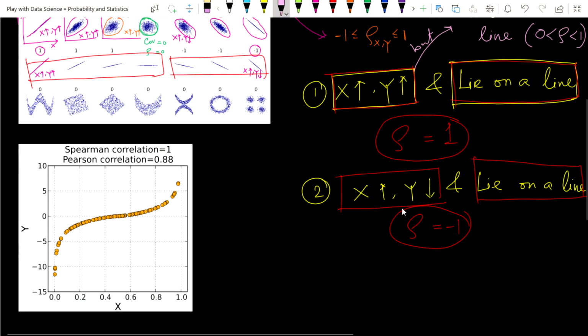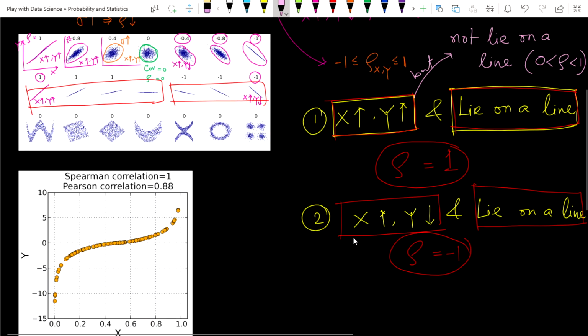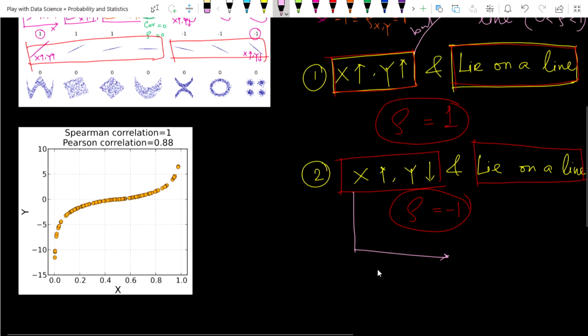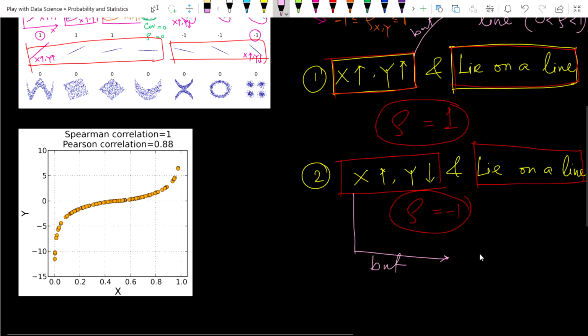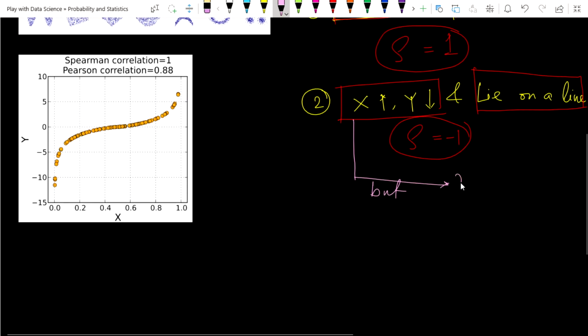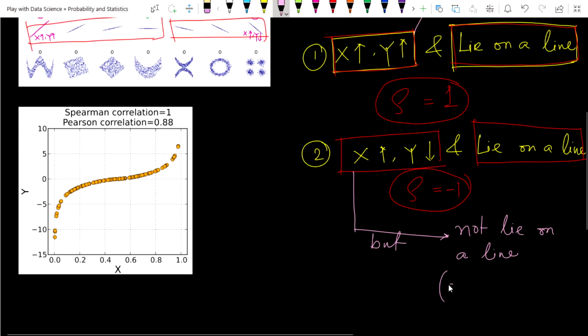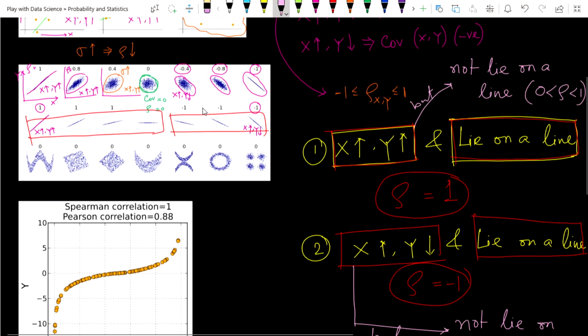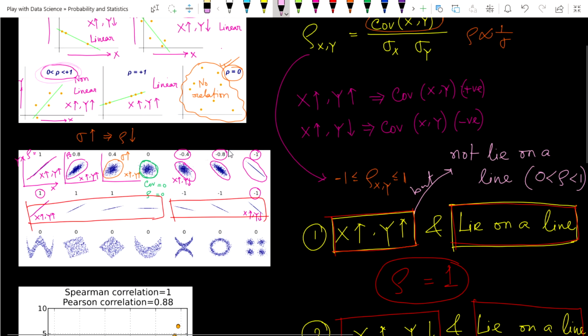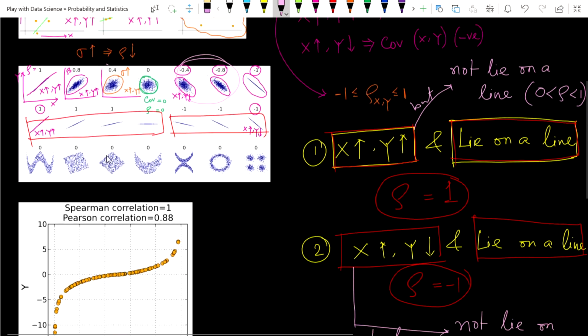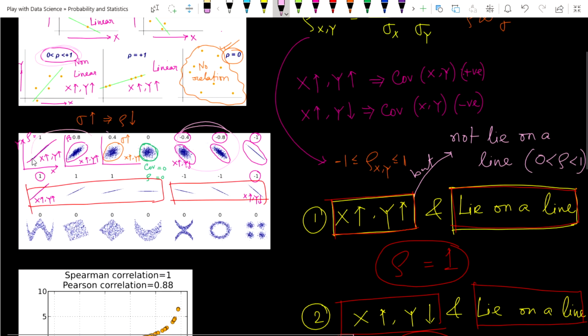And if x increases but y decreases and it does not lie on a line, then the value will lie between -1 to 0. So overall the range is -1 to 1, and the first case is exactly 1.